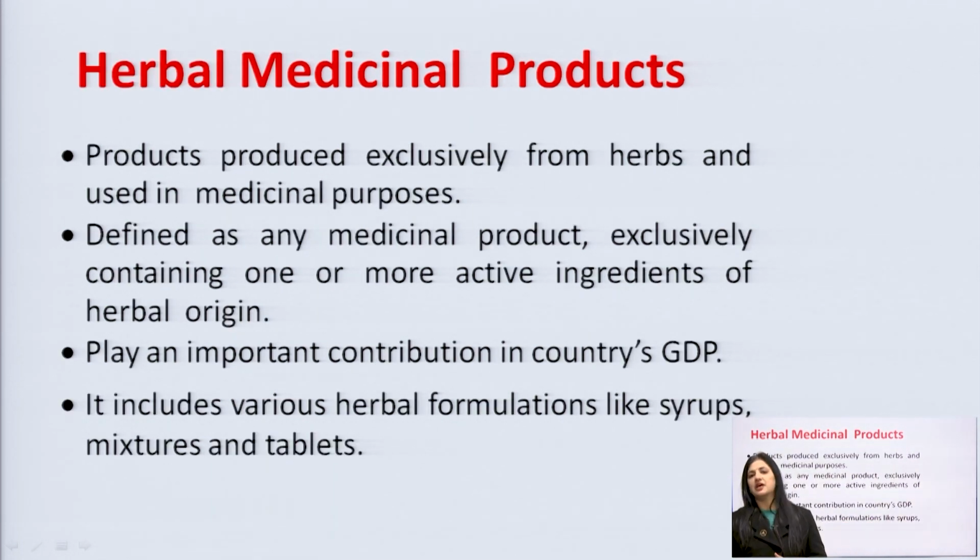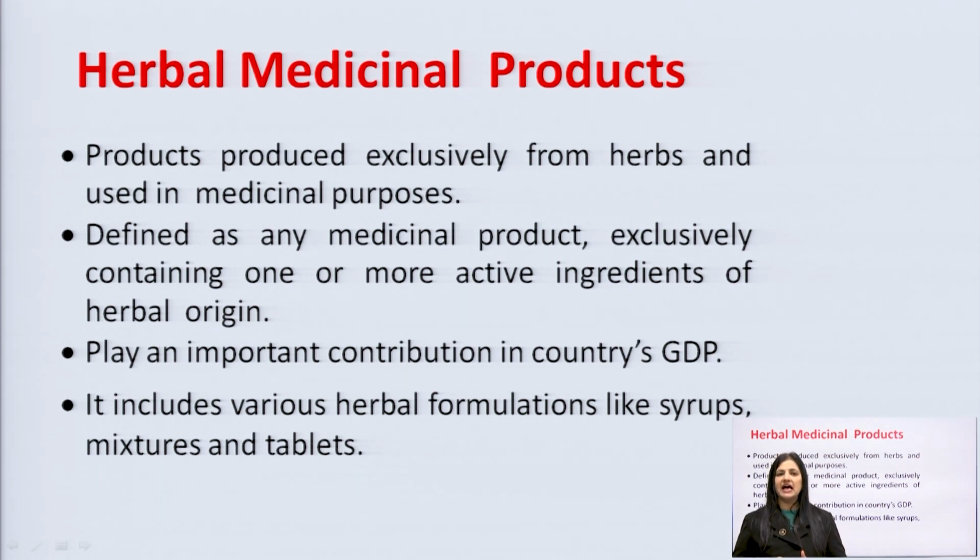Herbal medicinal product. When we are talking that a medicine has to combine with other additives to make a say dosage form or to make a patient friendly form, that becomes herbal medicinal product. Now these are the products produced exclusively from the herbs used in medicinal purposes.